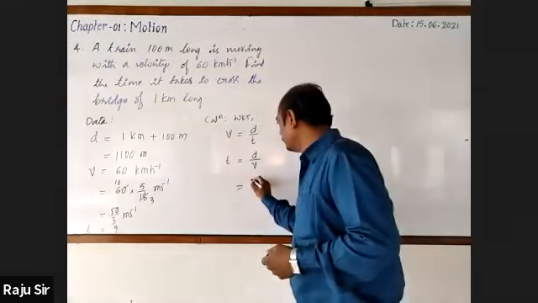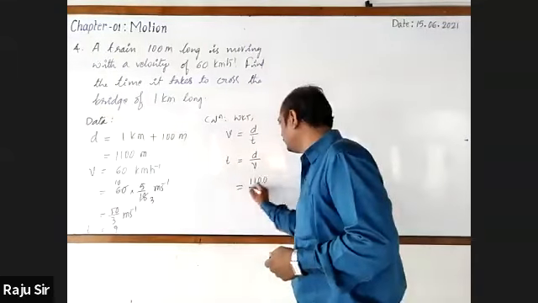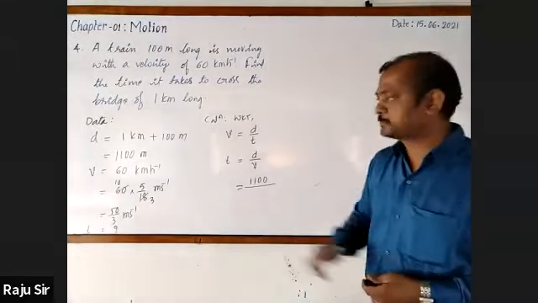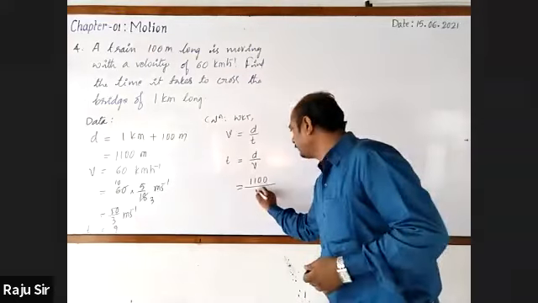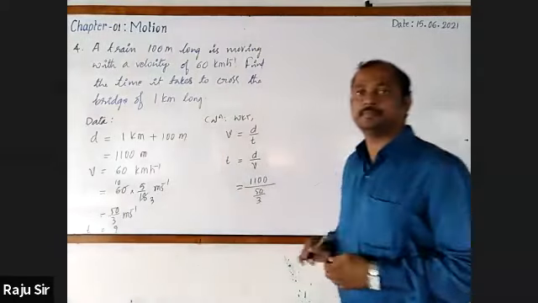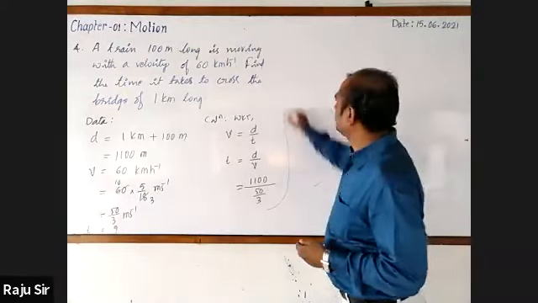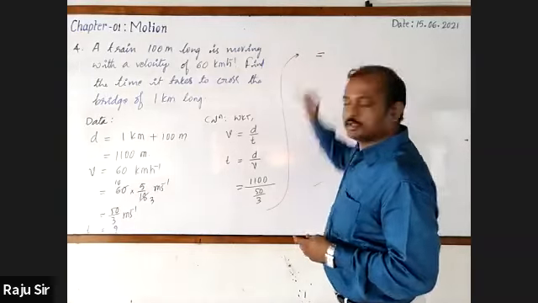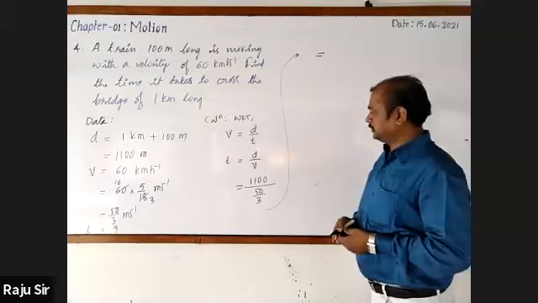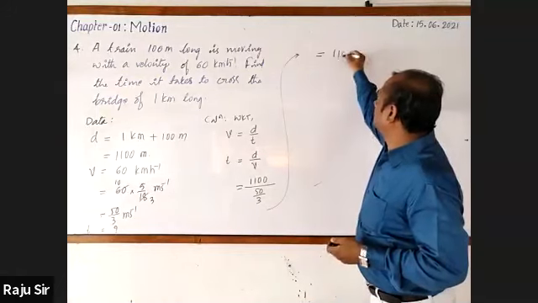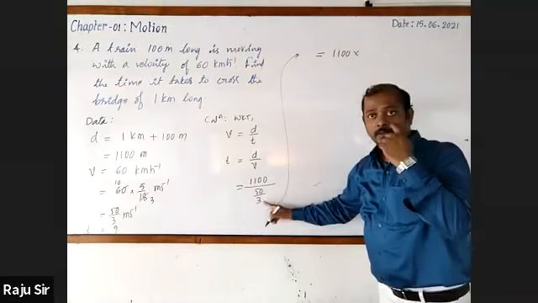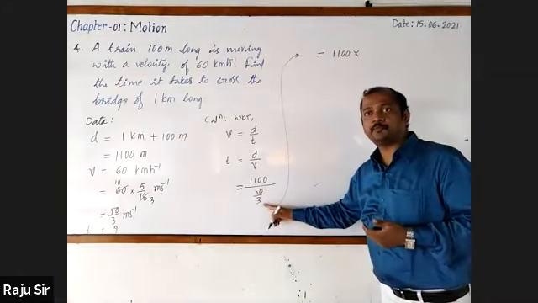Distance is 1100 by speed, which is 50 by 3. This is equal to 1100, and in the denominator we have 50 by 3.